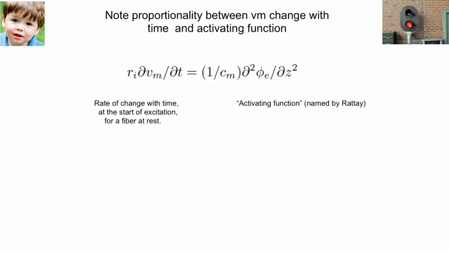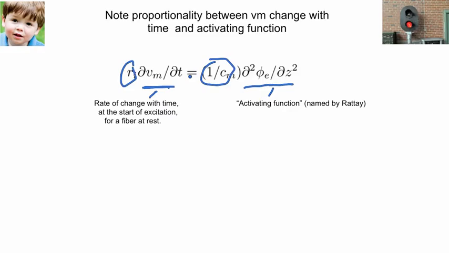Let me just say that again on a new slide because that's an important result. At the start of excitation, for a fiber that's at rest, just that very special case, but a very important case, this term, the rate of change of potential with time, is equal to, with the constants, these Ri, Cm, times the activating function.